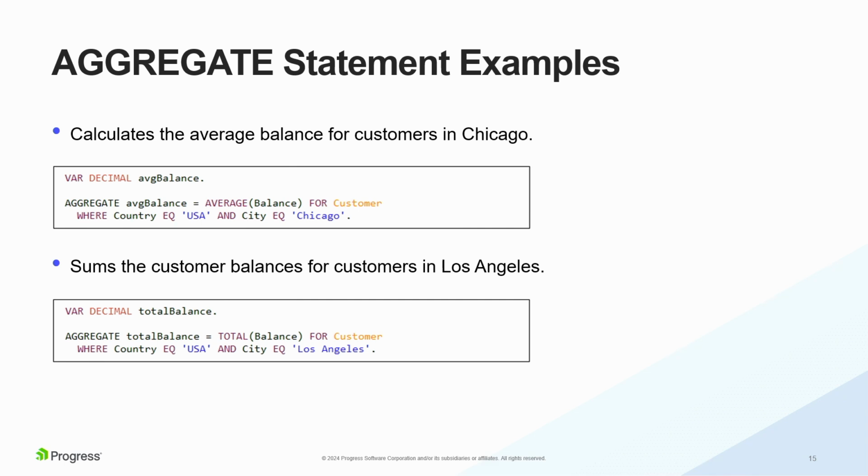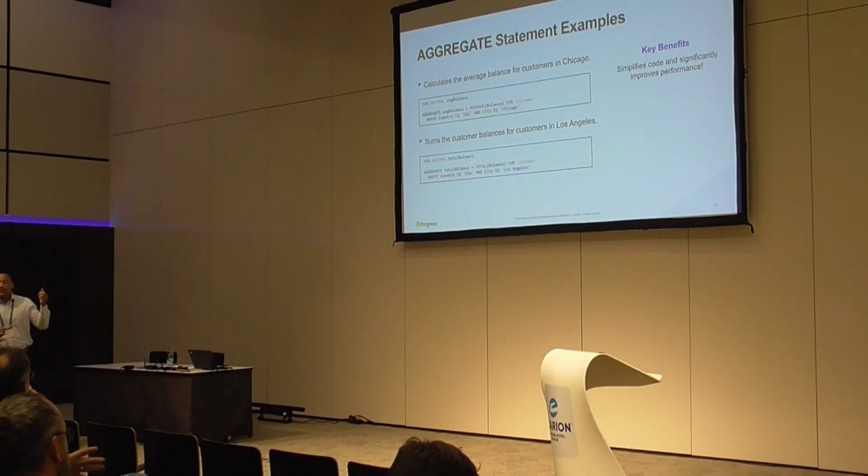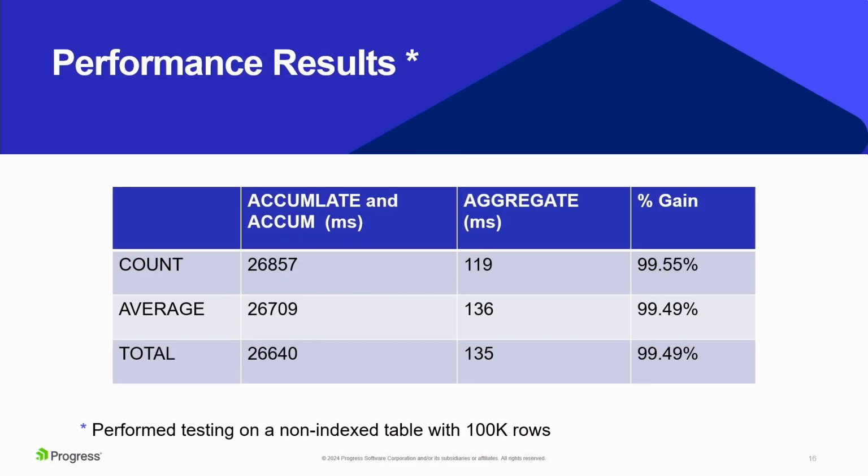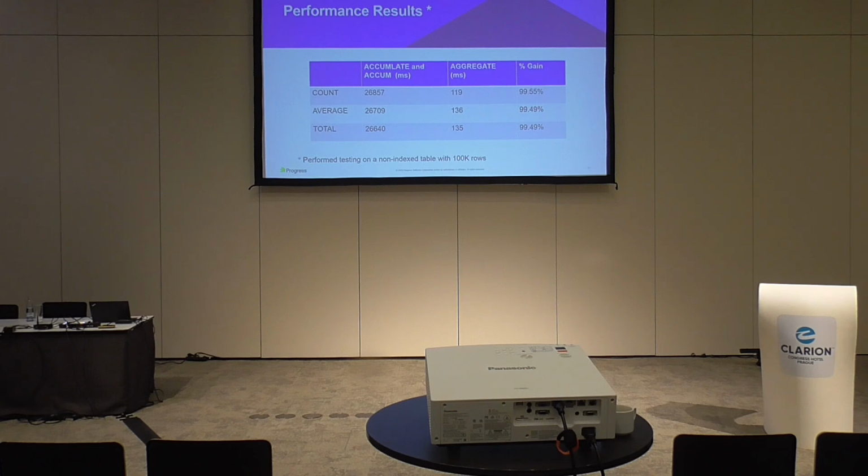So pretty simple examples. So what's the benefit to developers? Well, the aggregate statement simplifies your code and it provides significant improvements over the previous way that we used to do it by using, again, the accumulate and accum functions. So I said that it improved the performance. Well, it does. We measured this. The team ran some performance testing on a non-indexed table with 100,000 rows.